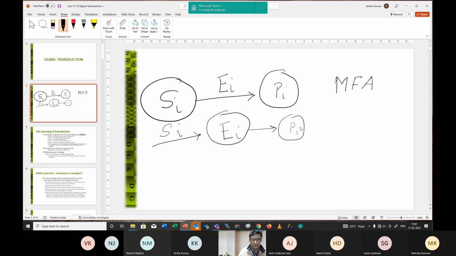Here we also have a rate, Ri. This Ri essentially will depend upon normally Si and some parameter set, because E is normally constant there.